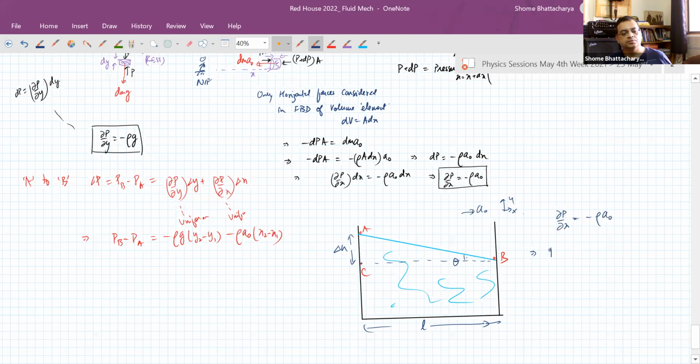So we can see that pressure at C minus pressure at B will be equal to minus rho A naught into L. Oh sorry, minus L, because the position of C with respect to B is at a change in X coordinate of minus L. Okay. So now pressure at the point B should be atmospheric pressure.